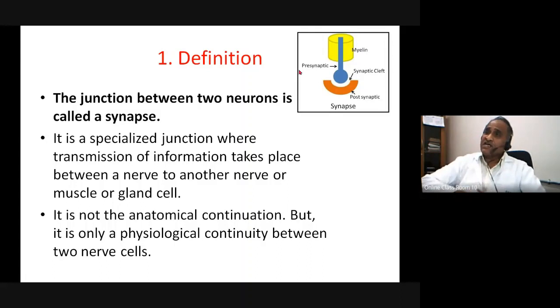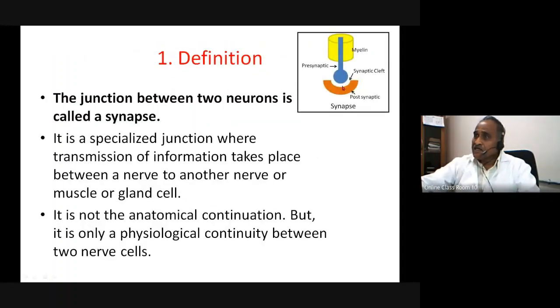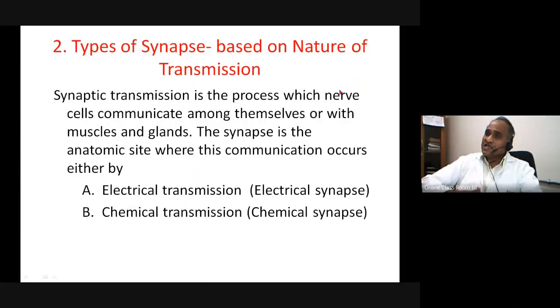Maybe you can try to make it in your exercise books. Okay, moving on. According to the nature of transmission in the synapse, whether this transmission is electrical or chemical.